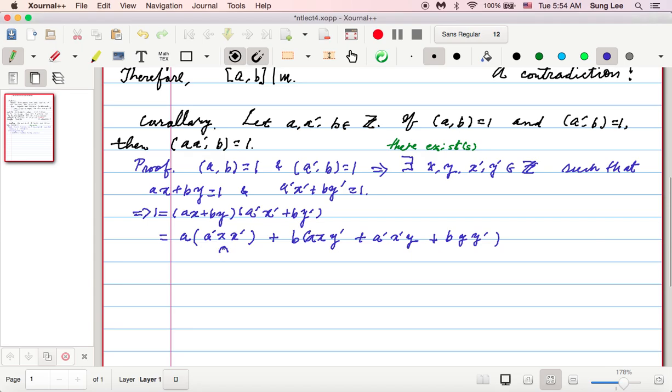This term, a prime times x times x prime, is an integer, of course. And also the things inside the parentheses are also integers. So there are two integers such that a times this plus b times this equals 1.